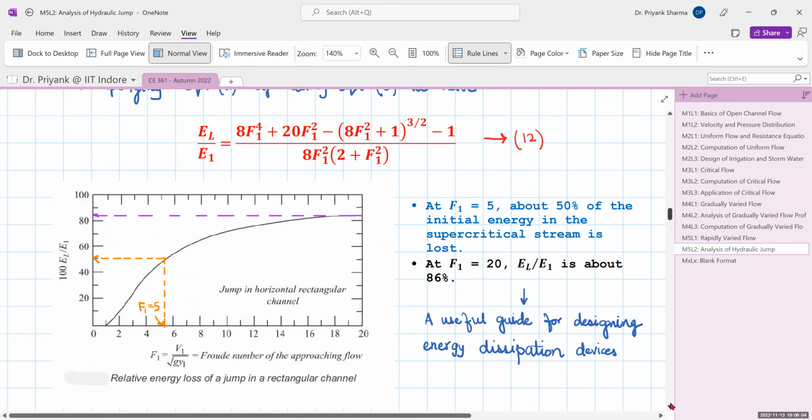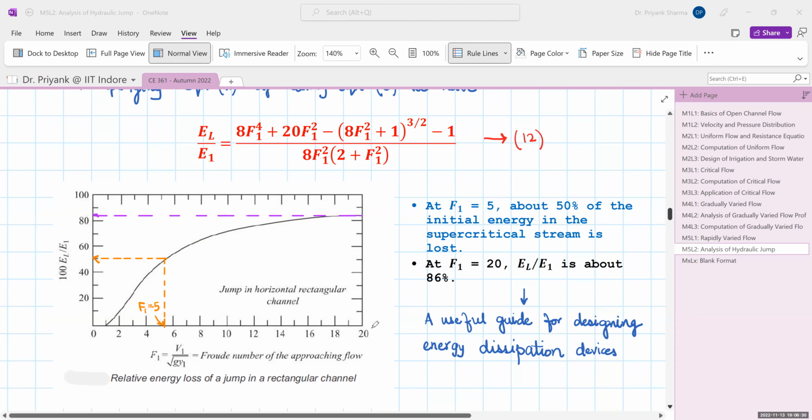So a small graphical representation can be seen here. So let us say you have a Froude number. So this is the curve. If you substitute the value of F1, then you get the relative values of EL by E1, and you plot at all levels, you get this curve. So you can see the maximum energy loss relative to your original energy, somewhere around 86%, is available at the maximum Froude number, that is 20 we have considered.